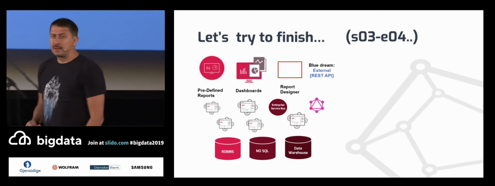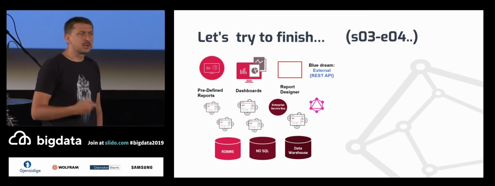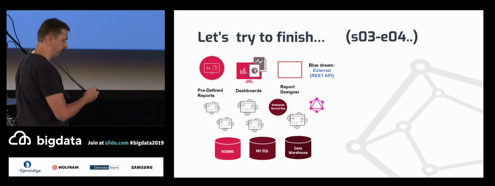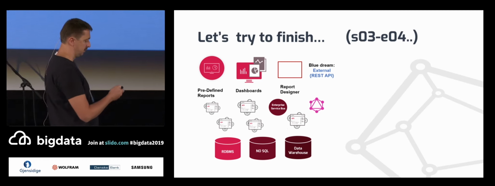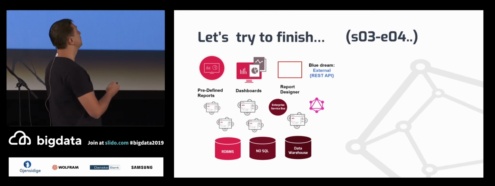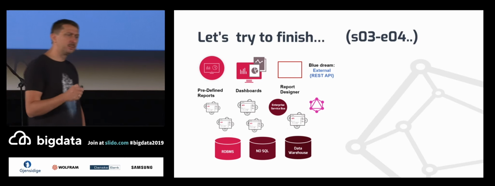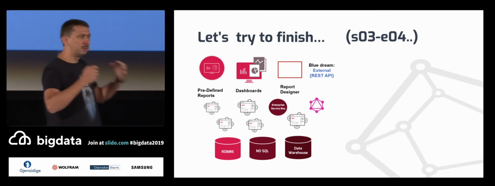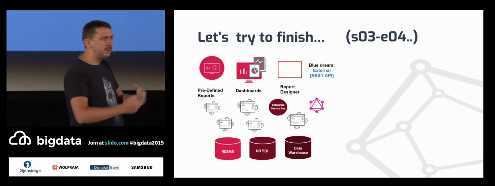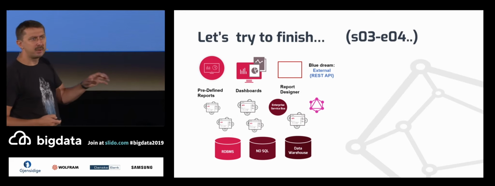Good, what's happening next? If you're successful and you have more customers, you have new tasks. For example, create a report designer. I made this slide empty on purpose because I haven't met any developer who said that the report designer, the ability to create reports, is the thing they are proud of.